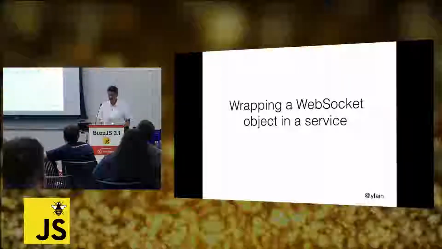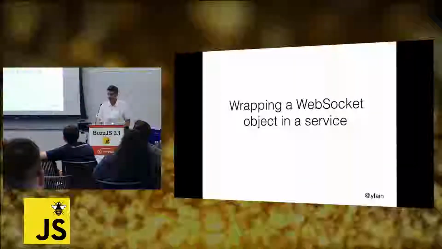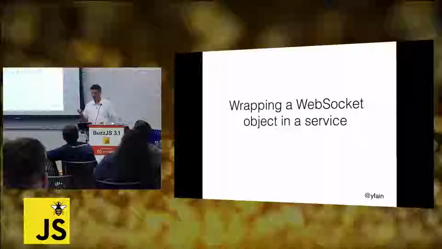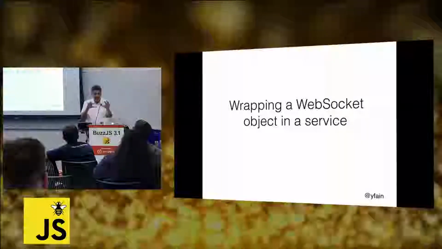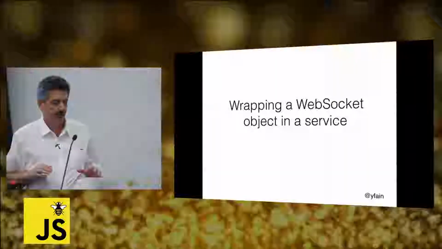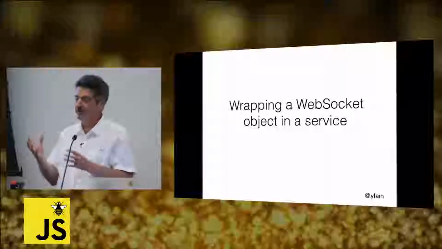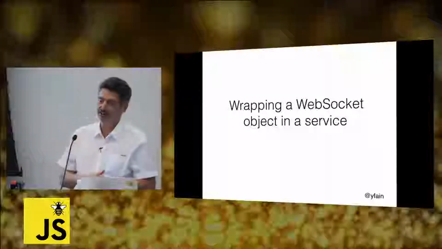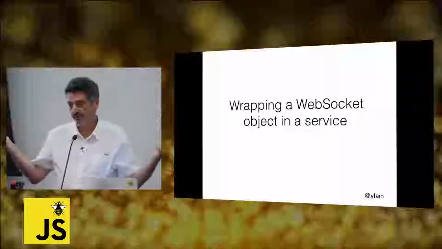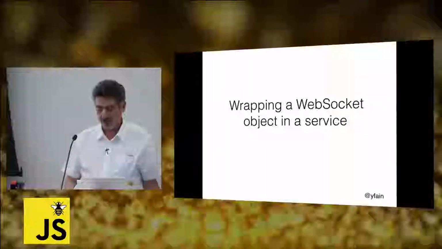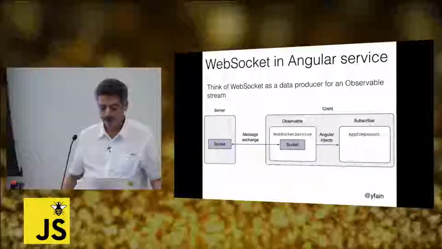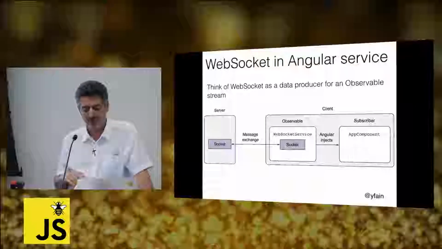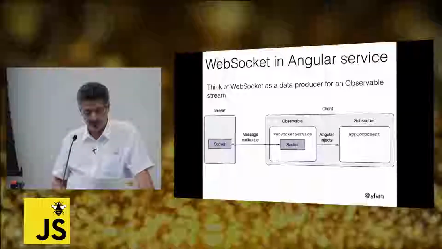So let's look at the standard way of working. First, how you can take a WebSocket object in the browser and wrap it into an Angular service. Angular service will be injected in some Angular component, and we will use its API. That's what we will try to do now. So that's the diagram of what we are about to do.